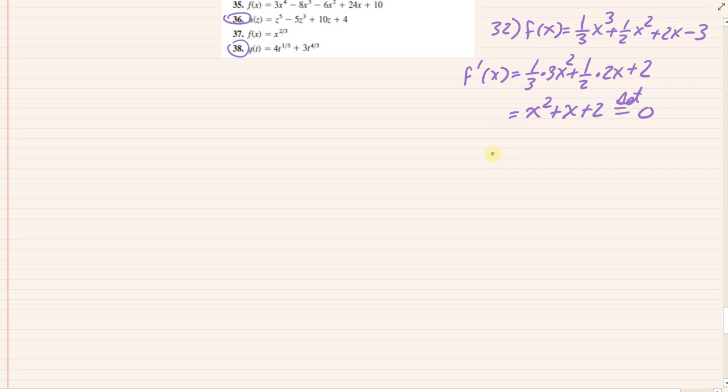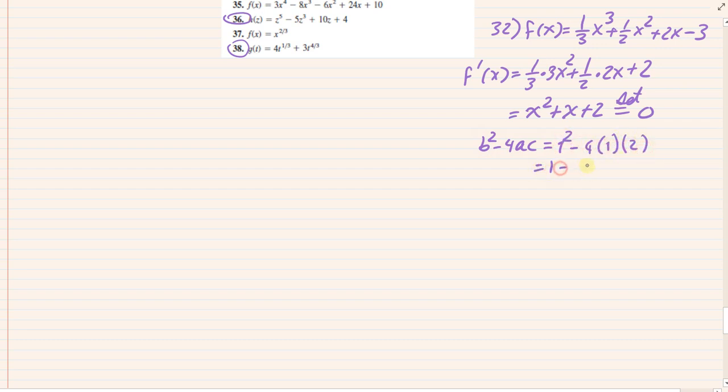So this isn't factorable. The question, does it have a solution, a real solution? We're looking for, remember our set S is set of real numbers. In other words, the x-axis, we're looking at x-axis real numbers. Now for this one, if I look at the discriminant, remember b squared minus 4ac, that's going to be 1 squared minus 4 times 1 times 2.